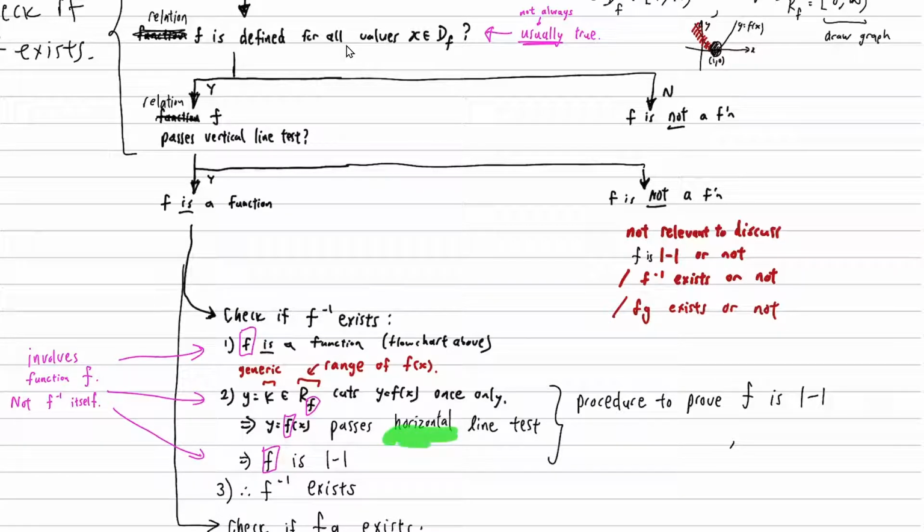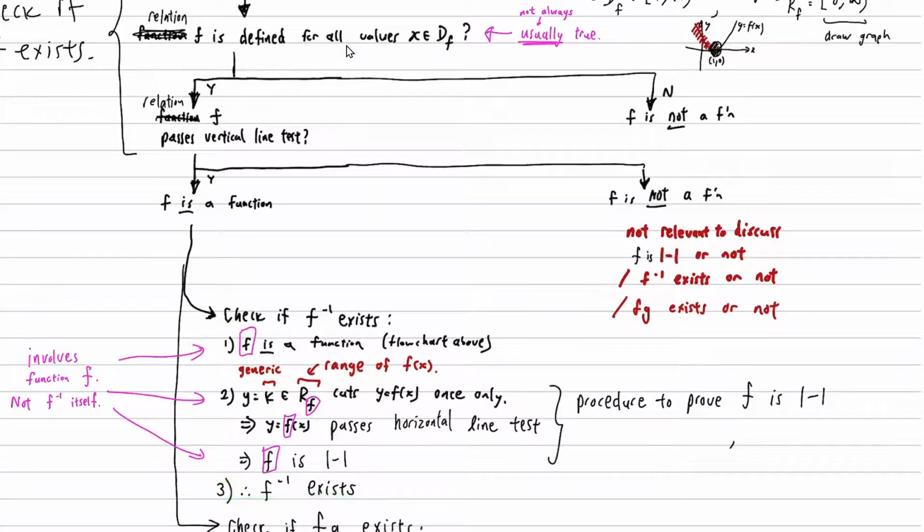Sorry, horizontal line test. Then the conclusion is that f is 1-to-1. So this step 2 is really just the procedure to prove that the function f is a 1-to-1 function. Then for step 3, you have to conclude therefore f inverse exists.